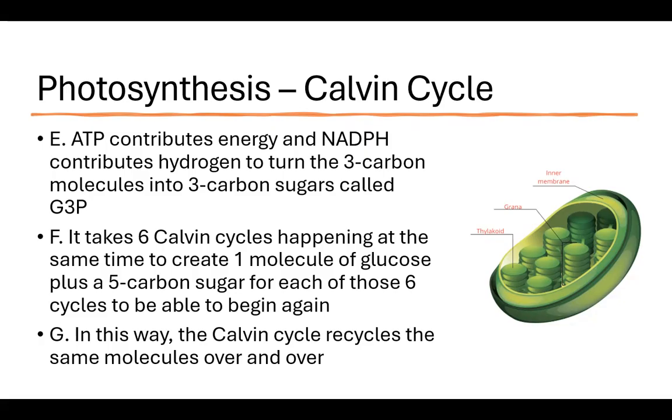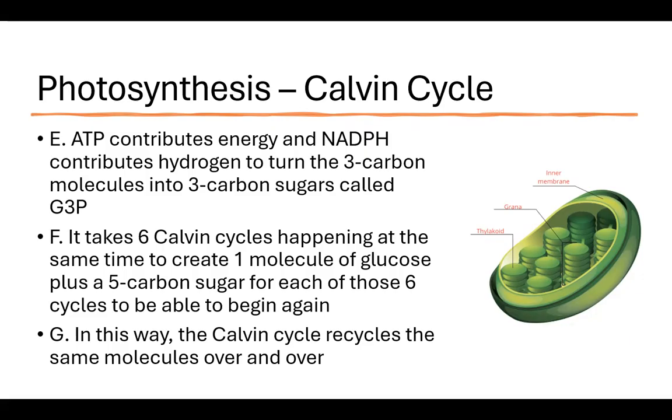So it does take 6 Calvin cycles happening at the same time to create one molecule of glucose plus a 5-carbon sugar for each of those 6 cycles to be able to begin again. Okay, so again, it takes 6 Calvin cycles happening at the same time to create one molecule of glucose plus a 5-carbon sugar for each of those 6 cycles to be able to begin again.